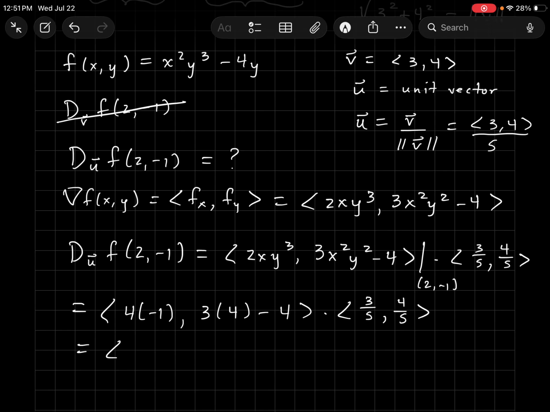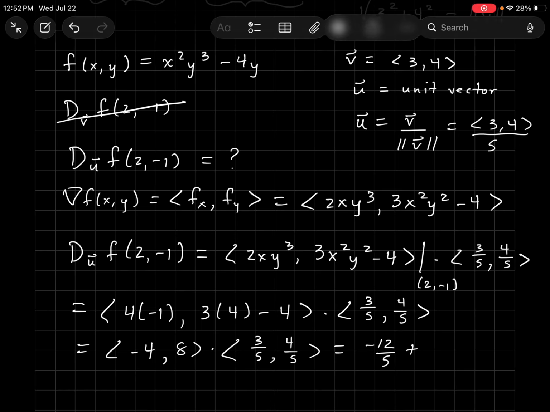So we get (-4, 8) dot product with (3/5, 4/5), and that's going to give us -12 over 5 plus 32 over 5, which is 20 over 5 or 4.